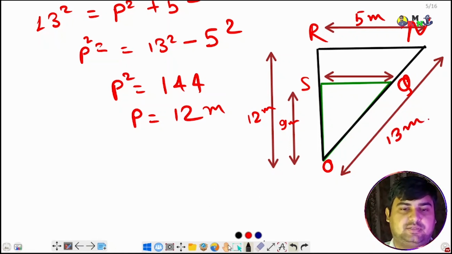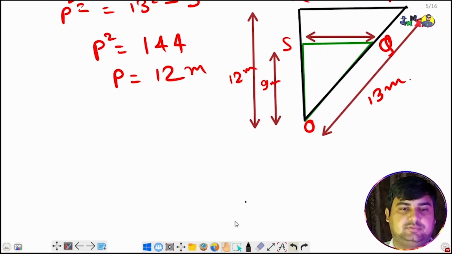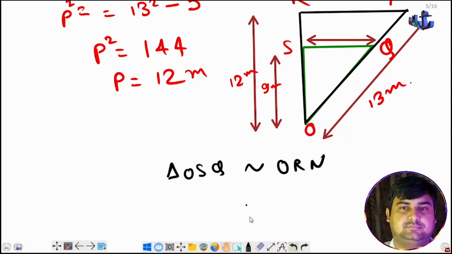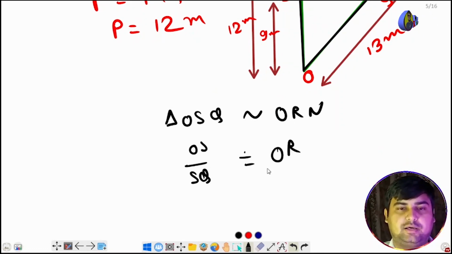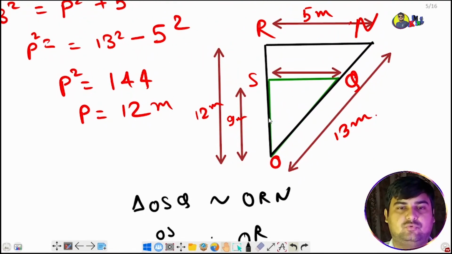Now as we know, triangle OSQ is similar to triangle ORN. So OS upon SQ is equal to OR upon RN.